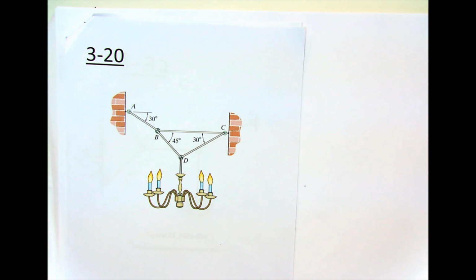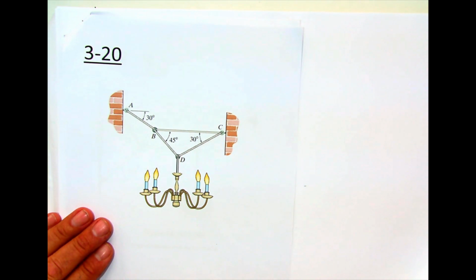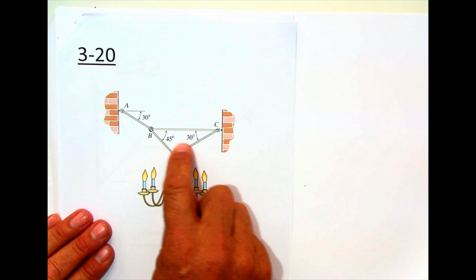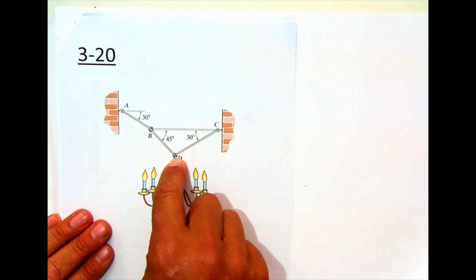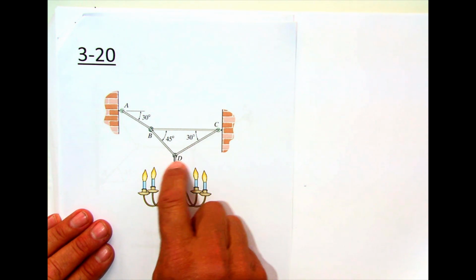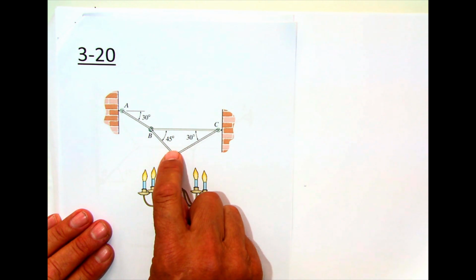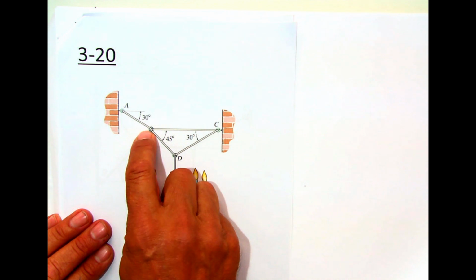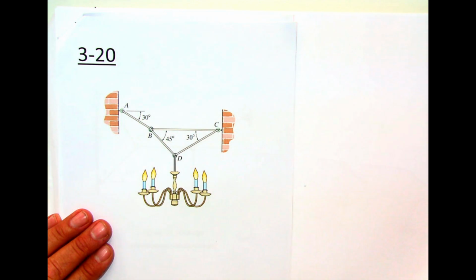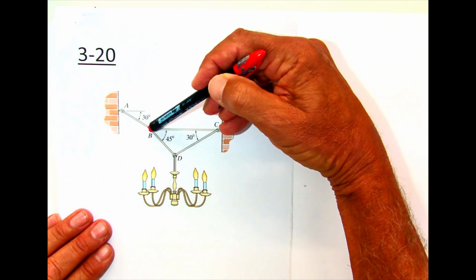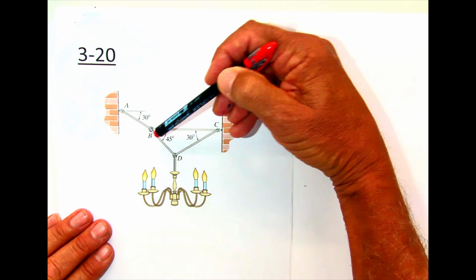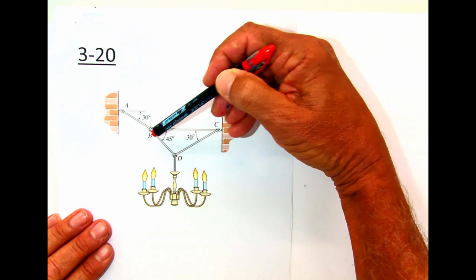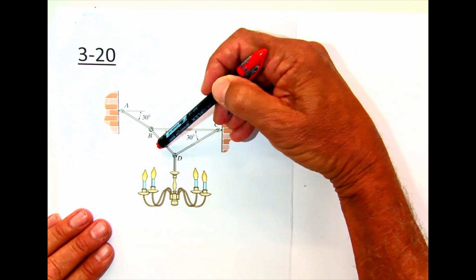Okay, what you do again, you start off, let's say you start at D, and you just look at D and all the forces acting on D. And you try to solve that as far as possible. And then when you finish with that, you can go to B and solve that one. And remember this force here, the force at D is the same as the force at B. At D, the force is in that direction, and at B, the force is going to be in that direction.